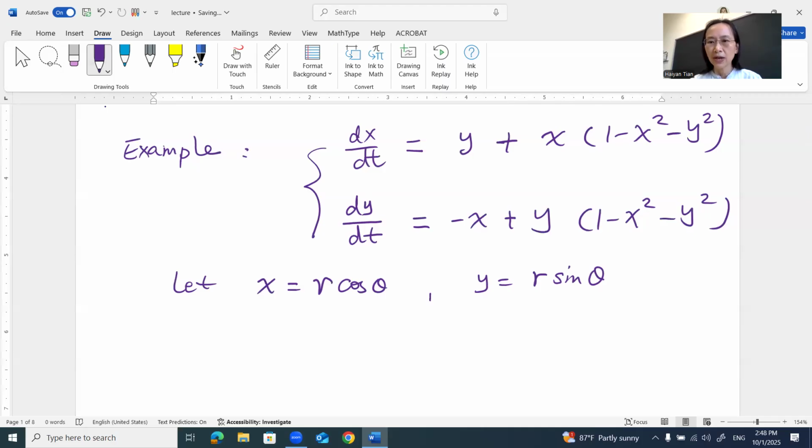The equations of x, y will become equations of r, theta. By the polar coordinate system, we will get two equations of r, theta. Also be aware that r depends on t, theta is also some unknown function of t. So let's do this change of variable.